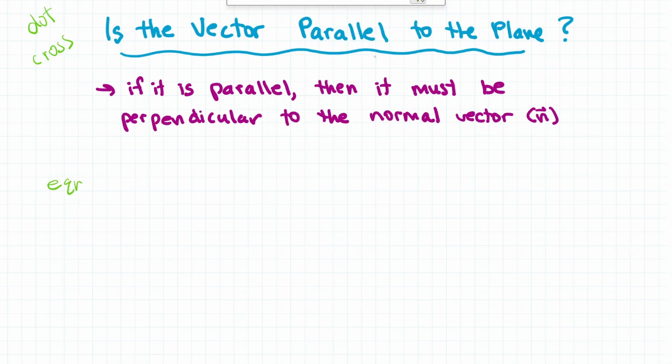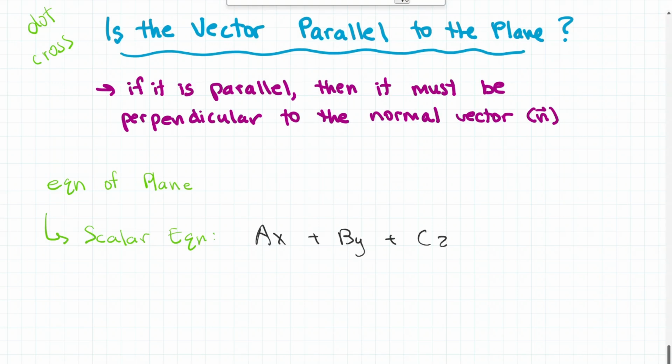So equation of a plane, there's many different ways we can actually describe the equation of the plane. Three main ways, in fact. We have a vector, parametric, and scalar form. And we're going to start with looking at the scalar equation. So we have the scalar equation, and that is given as ax plus by plus cz plus d equals 0.